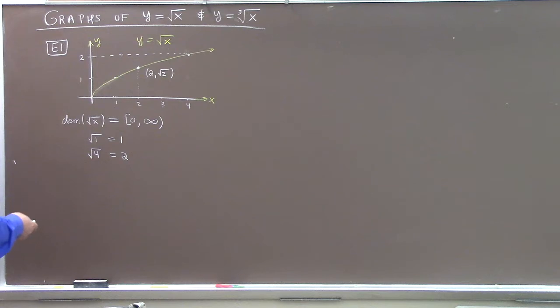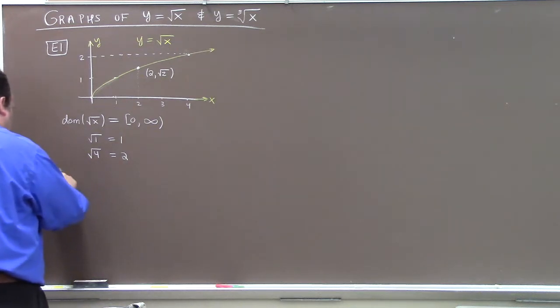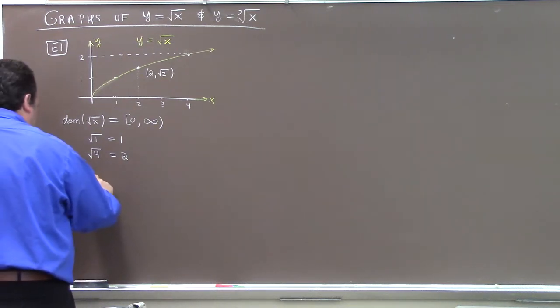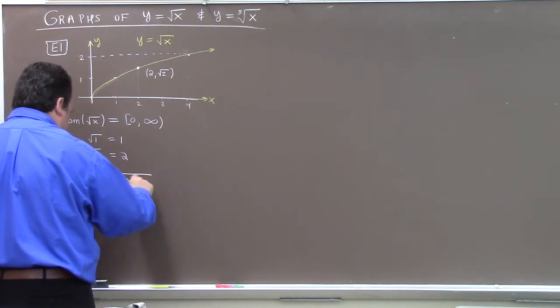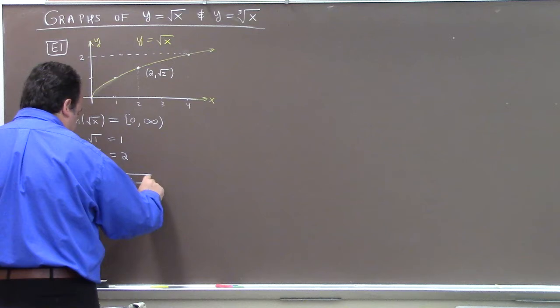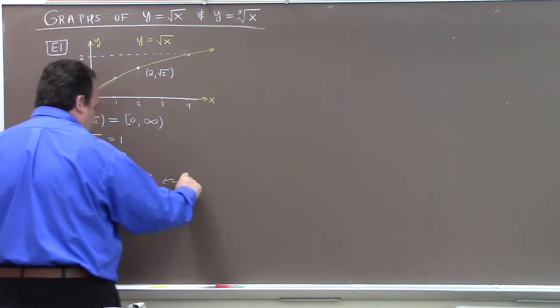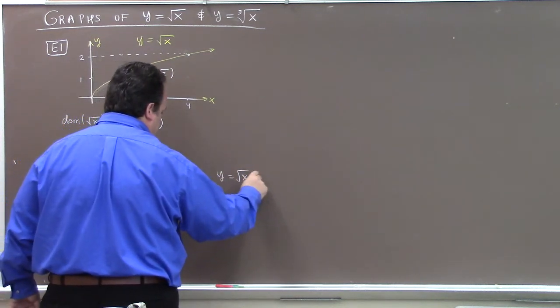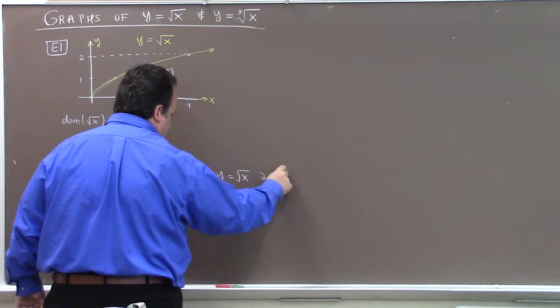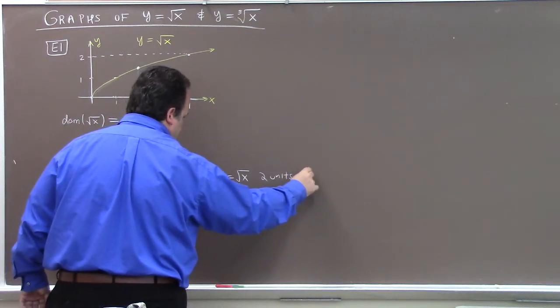Anyway, what would y equals the square root of, let's say, x minus 2 look like? The way this works, you move y equals square root of x 2 units right.